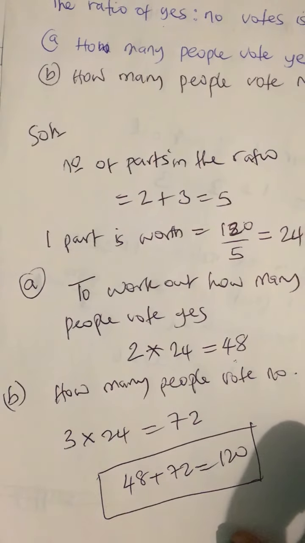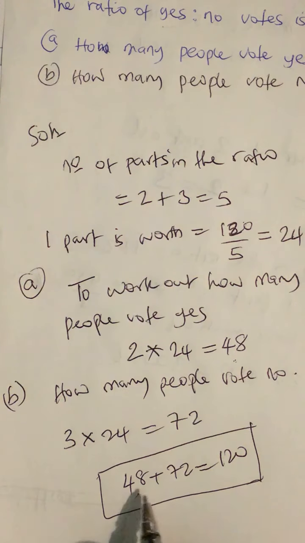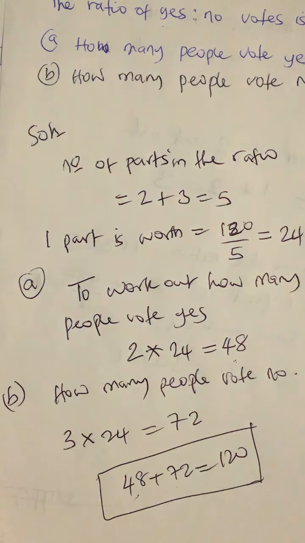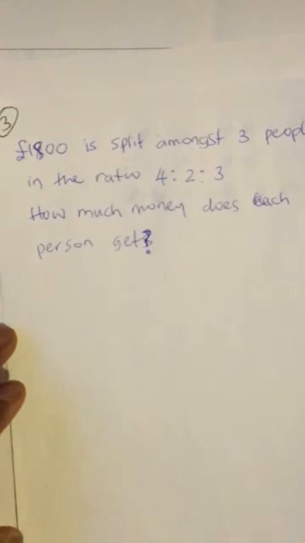Here we have a ratio of 2 and a ratio of 3 to give us 150. So that's done. We take another example. Let's look at another example again.